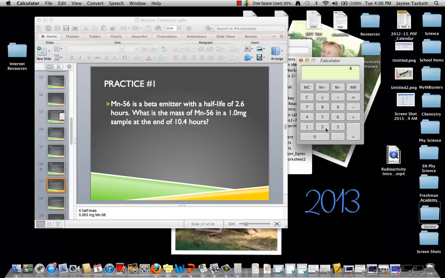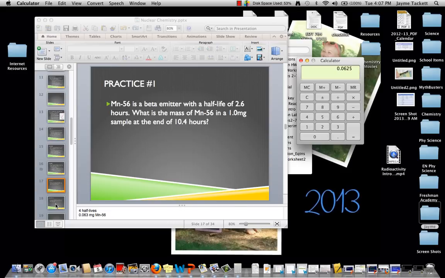So to figure out our total amount, you're just going to take 1 and divide it by half 4 times. So 1, there's our first time, our second time, our third time, and our fourth time. So after 10.4 hours, we are only going to have 0.0625 milligrams of manganese 56 left.